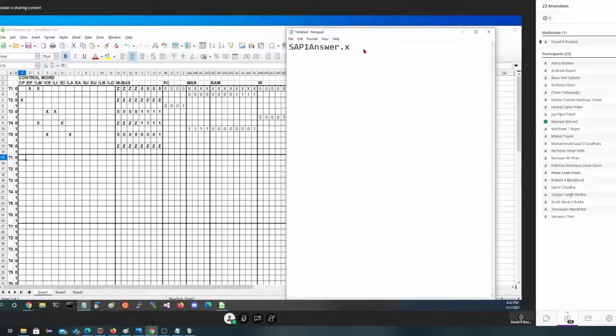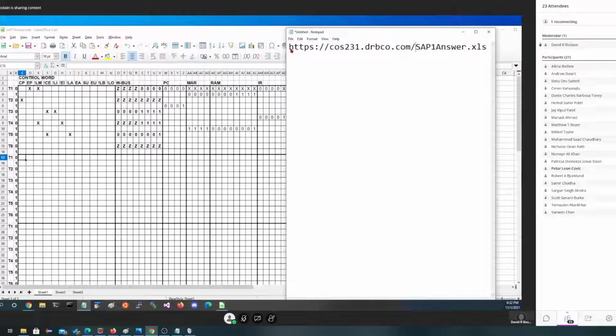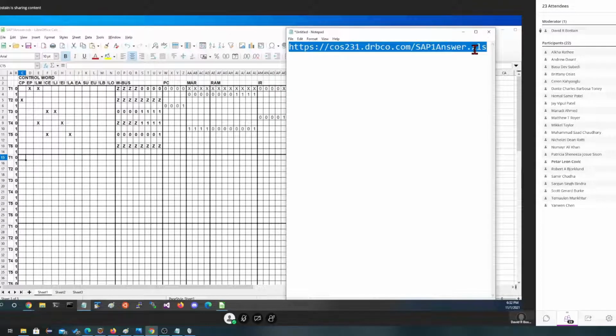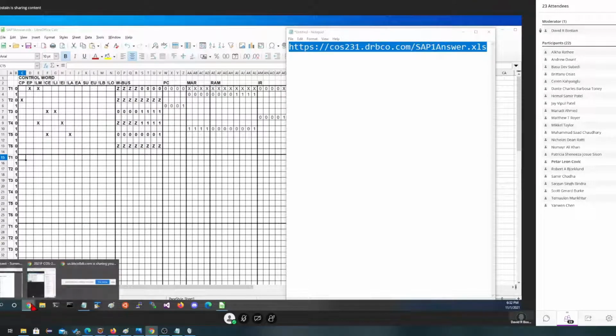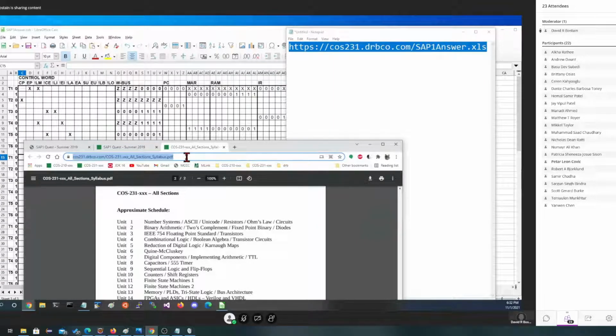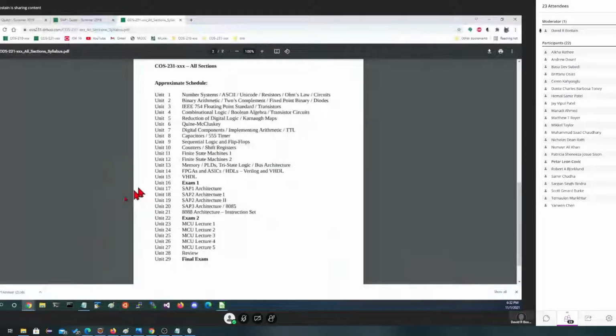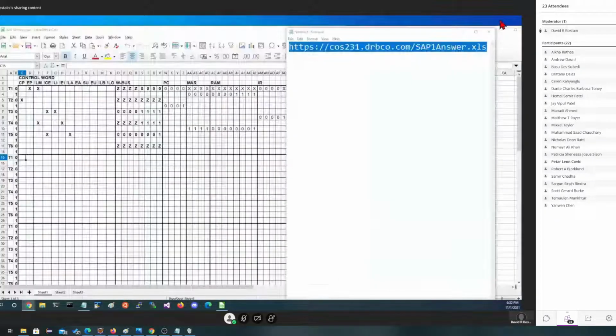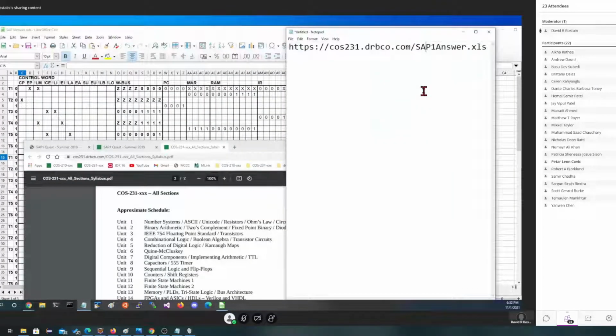And yours is going to say XLS here, I'm pretty sure. Let's see if that's it. No. And it will probably download it as a file. And then you can open that in Excel. If you don't have Excel, you can get an open source version of it sometime between now and the next time we meet.